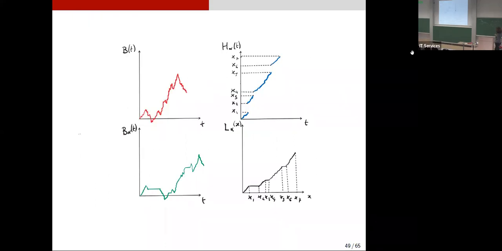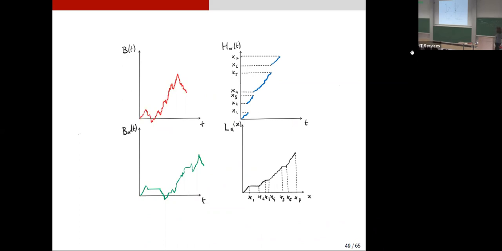What is happening here is that we are considering this B_t, but instead of considering the deterministic time t, as usual, we are considering as a time argument of B this inverse subordinator.